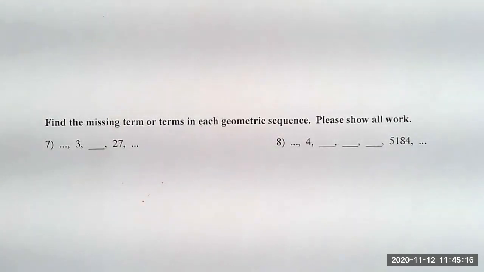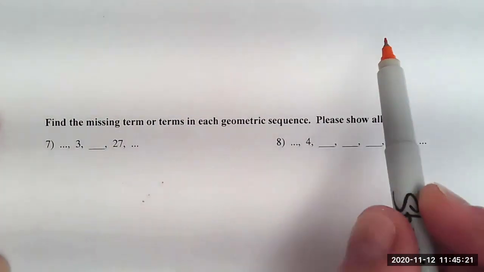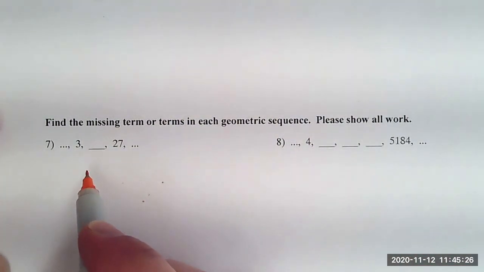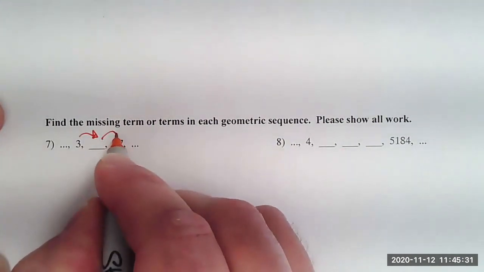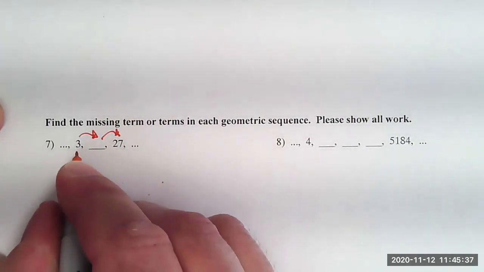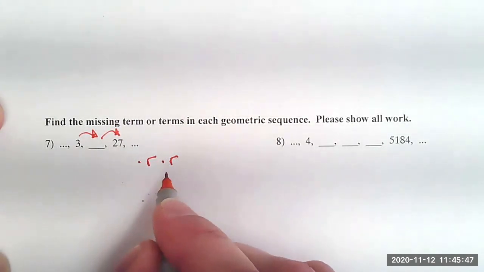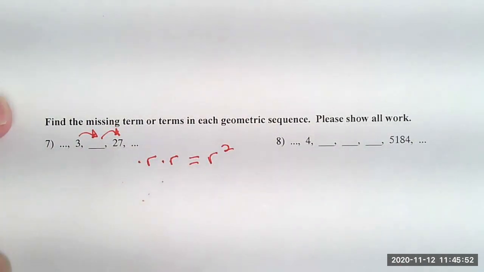How do we find the missing terms of a geometric sequence? Well, whereas an arithmetic sequence has a common difference, a geometric sequence has a common ratio. So the common ratio is being multiplied, and this is my 3 times my ratio times my ratio a second time to get to 27. Shortcut for repeated multiplication is a power.